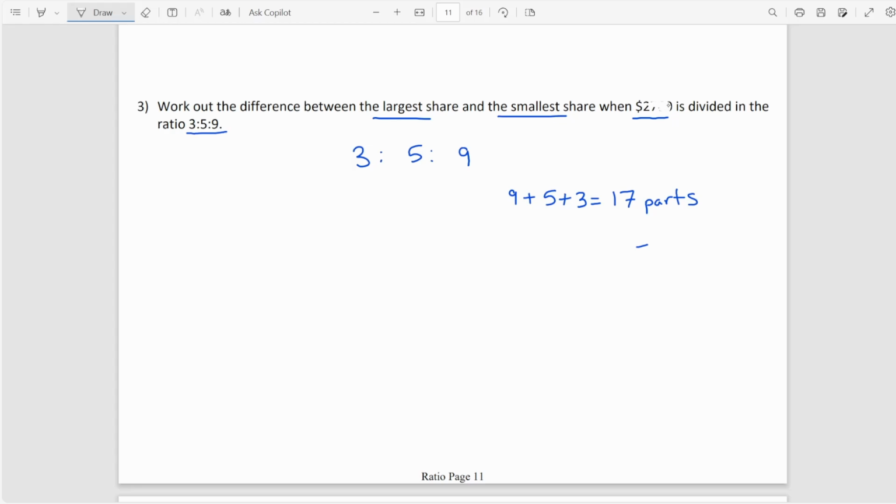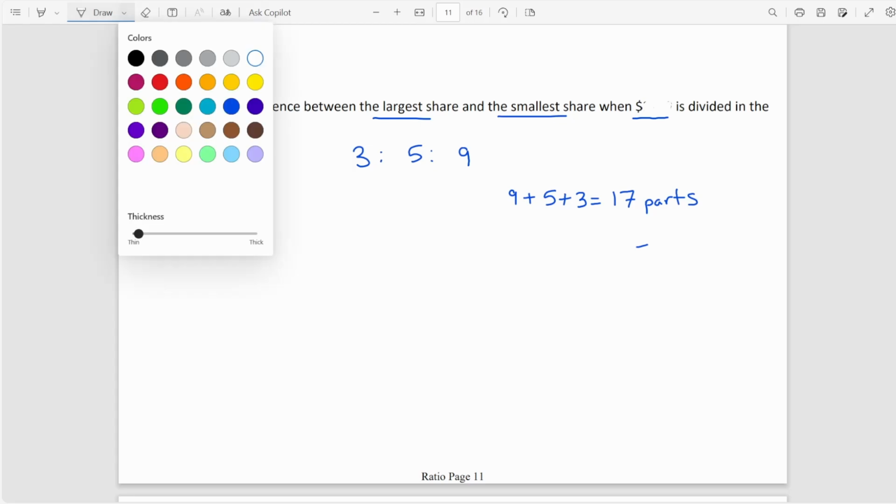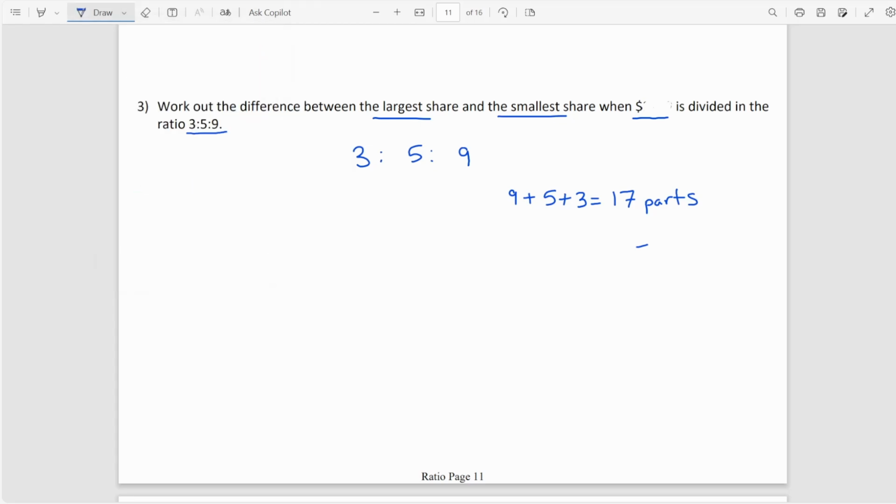Sometimes I accidentally choose numbers that might make it unrealistic because you're not supposed to work with this that way. Okay, so we're going to change the total amount of money to 1,020. Okay, so now I will divide 1,020 by 17. Okay, and this gives us $60. Okay, so I have $60 per part.